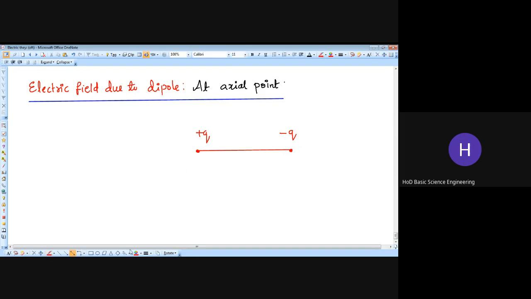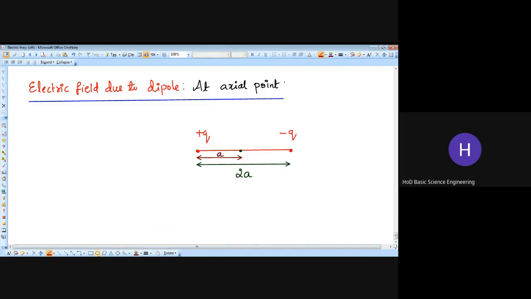You know, the dipole length is generally taken as 2a, right? The distance of separation between the two charges is taken as dipole length, and generally we take that as 2a. That means if you consider the midpoint of the dipole, the distance of the first charge from the midpoint, from here to here, will be a.